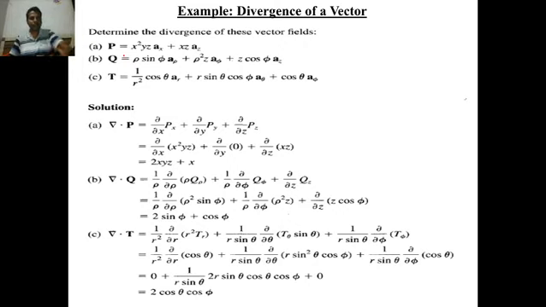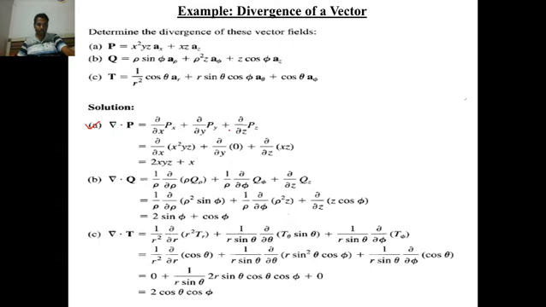In the first problem, which coordinate system is it given in? x, y, z is involved. That means this vector is given in which coordinate system? Cartesian. So in Cartesian system, you have to use the divergence formula for Cartesian system. What is this formula? This.